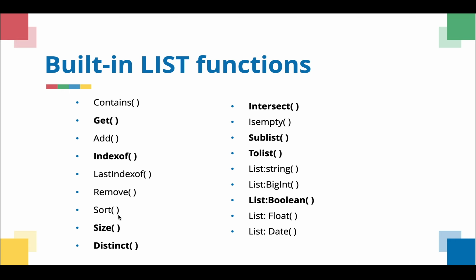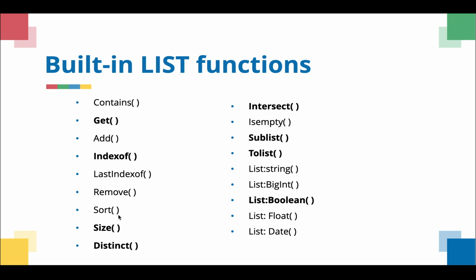Then we have intersect, which gives you the common elements between two lists. Where does list A intersect with list B? We have is empty, that is to check whether a particular list is empty or not.